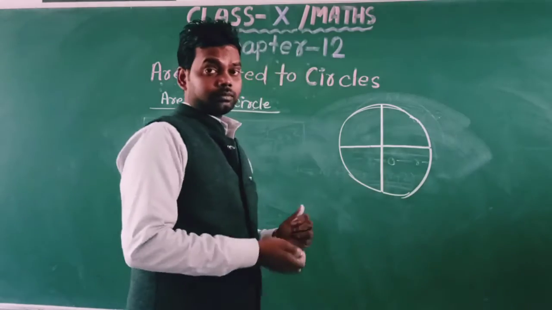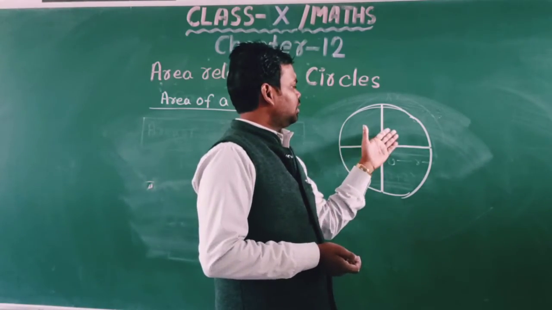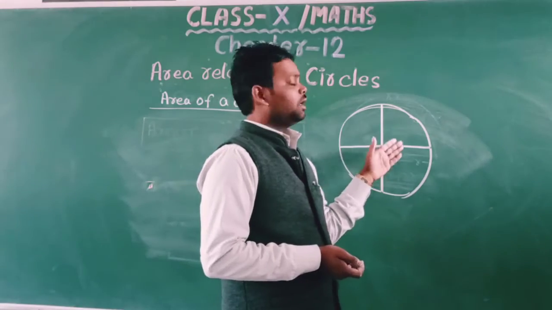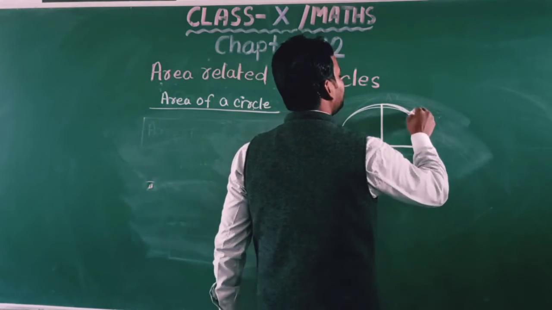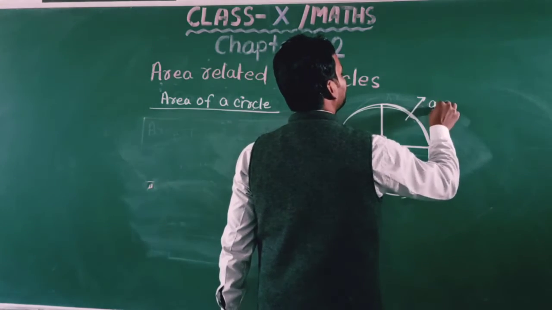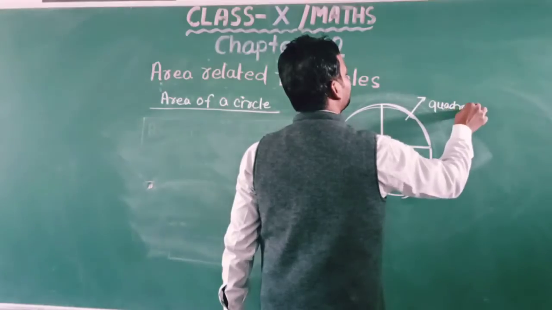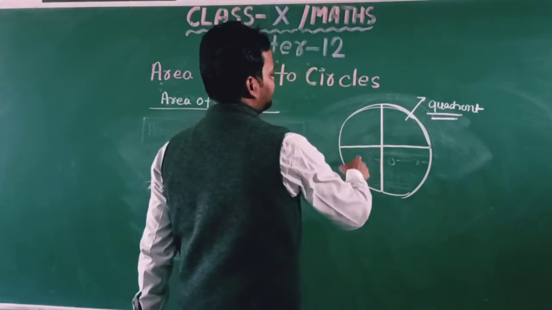These diameters divide the whole circle into 4 equal parts. Each part of the circle is called a quadrant. This is the first quadrant, second, third, and fourth.